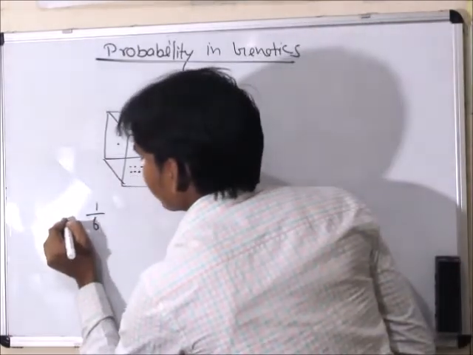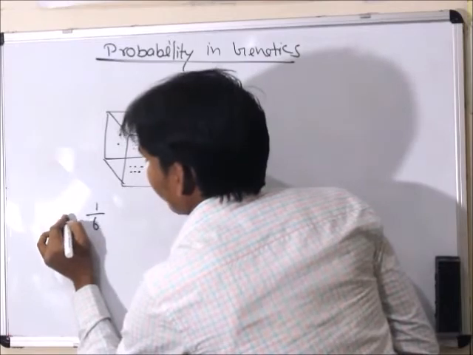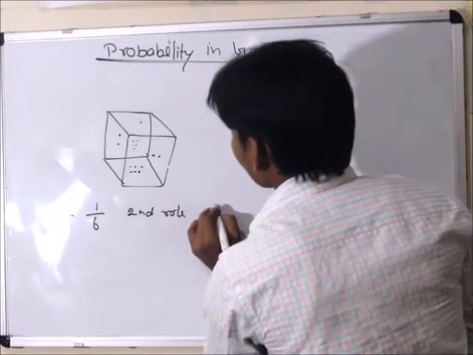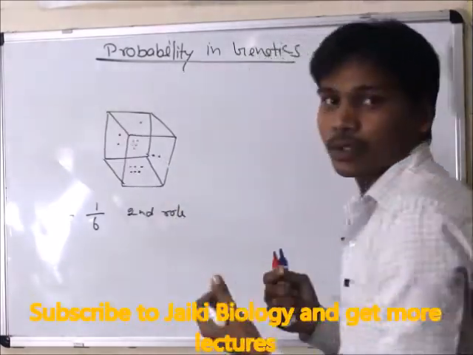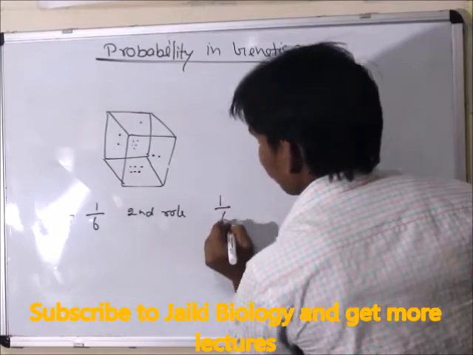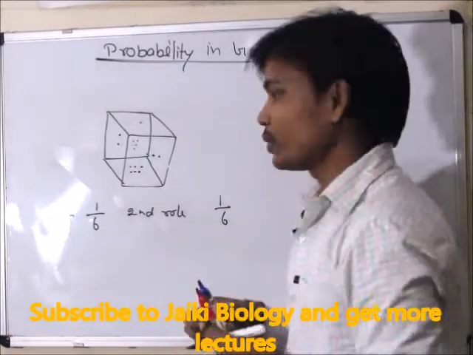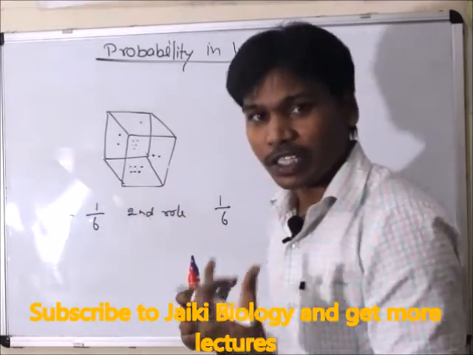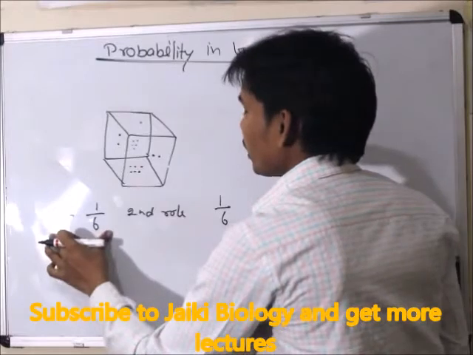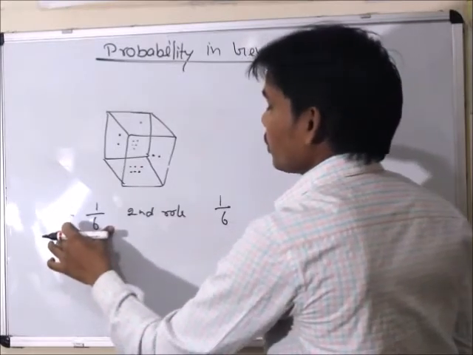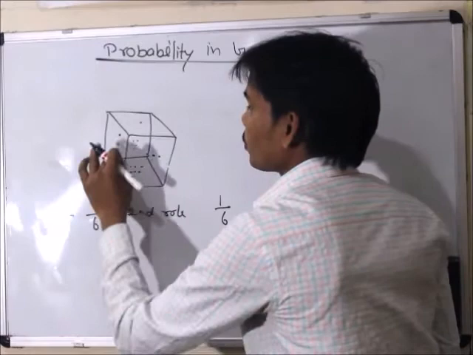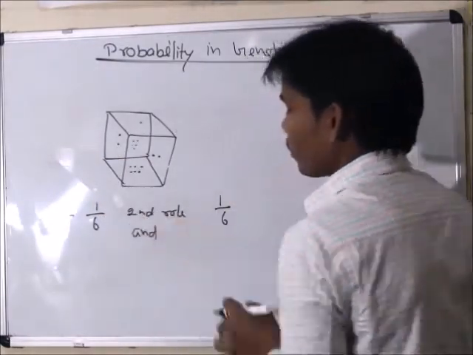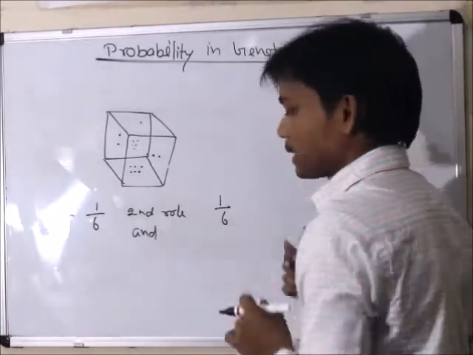That is the first roll, and in the second roll the probability is again 1 by 6. If you roll a dice two times continuously, what is the probability of 2 in the first roll, and 2 in the second roll? It is 1 by 6.